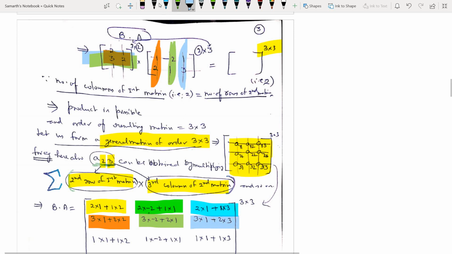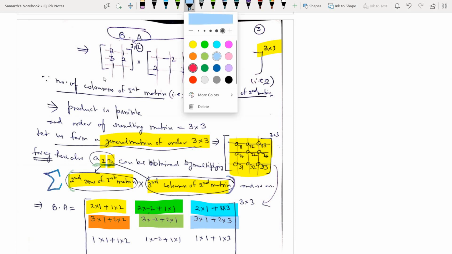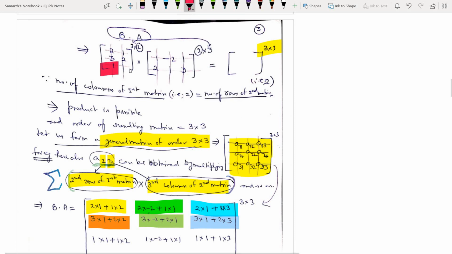Then coming to A31, how can we get it? A31 can be obtained by multiplying the third row of the first matrix by the first column of the second matrix. Similarly you will get the values of the remaining elements, that is A32 and A33 also.